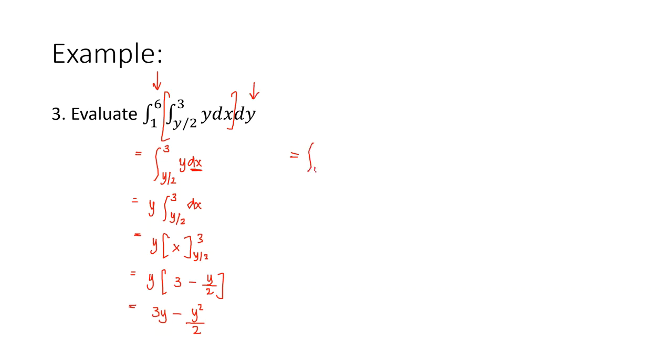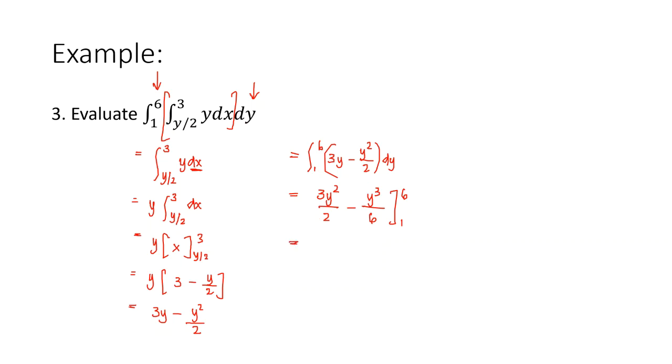So we have the integral from 1 to 6 of 3y minus y squared over 2, with respect to dy. We can just integrate this directly. So we have 3y squared over 2 minus y cubed over 2 times 3, so we have 6. That is again from 1 to 6.